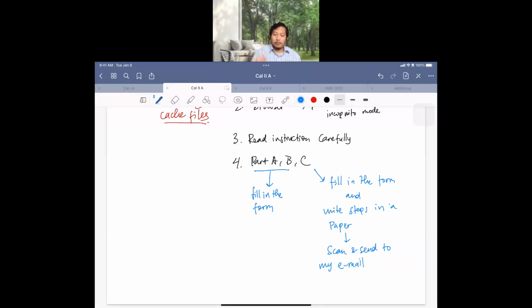But remember, for parts A, B, and C, it will be divided into pages.